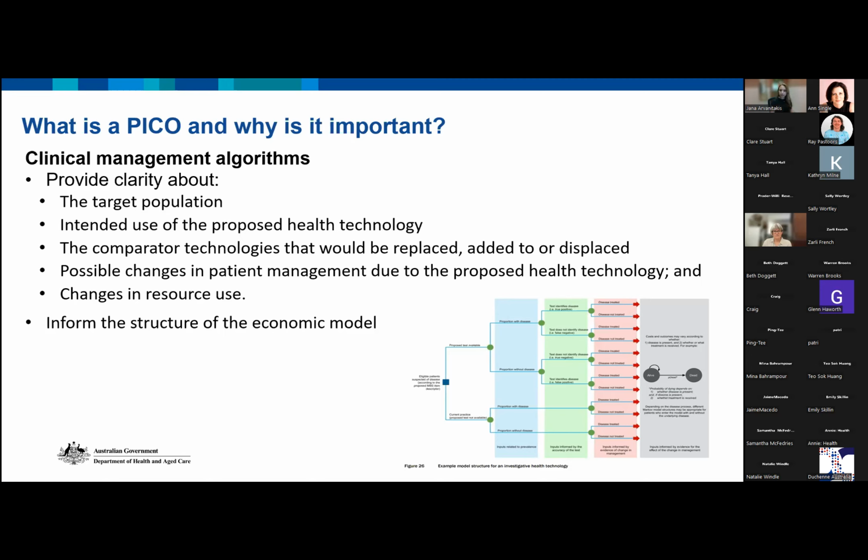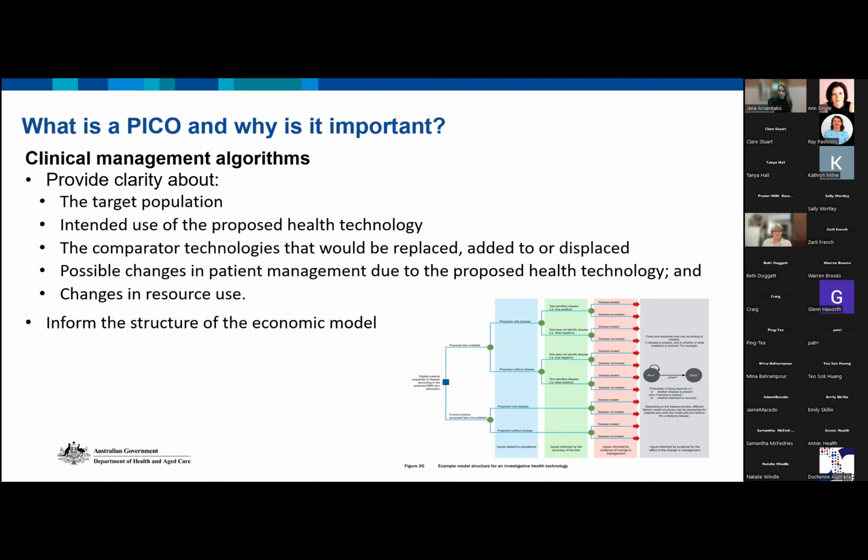So I'd just like to reflect for a moment that the clinical management algorithms often seem to be the most challenging area of the PICO confirmation, and usually require the most work to develop during the process. And that's because in order to inform the structure of the economic model, they should be extended to include the expected end of the disease or condition process, or until the algorithms for the intervention, so the proposed health technology, and the main comparators are the same.